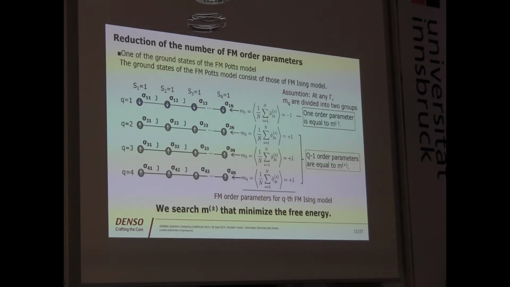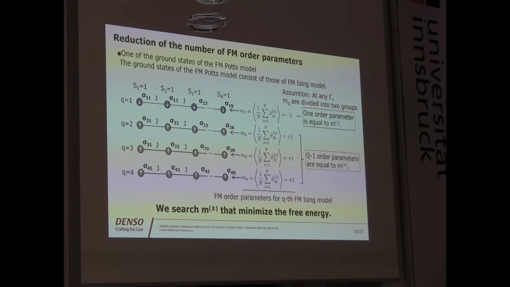Then, I reduce the number of ferromagnetic order parameters using the symmetry of the system induced by the one-hot constraint. This figure shows one of the ground states of the ferromagnetic Potts model, where all integer variables are aligned to the component 1. This configuration consists of the ground states of the ferromagnetic Ising model, and one ferromagnetic order parameter is equal to -1, and the other ferromagnetic order parameters are equal to +1.